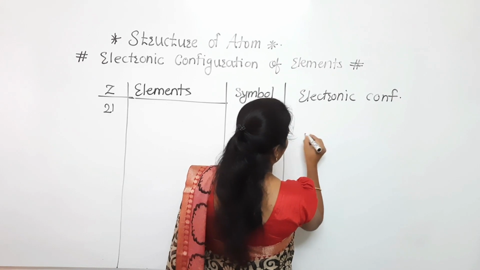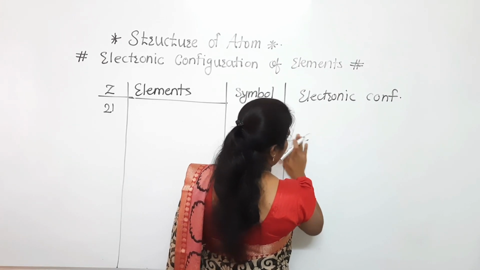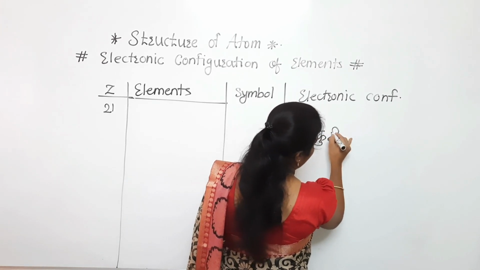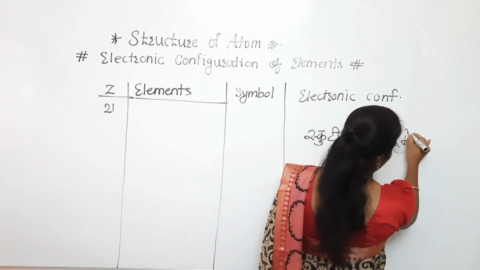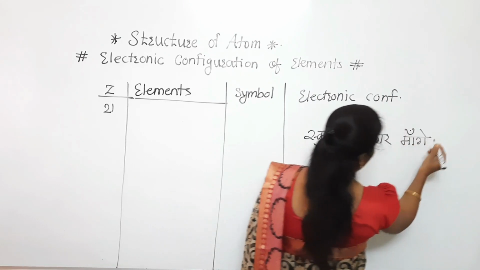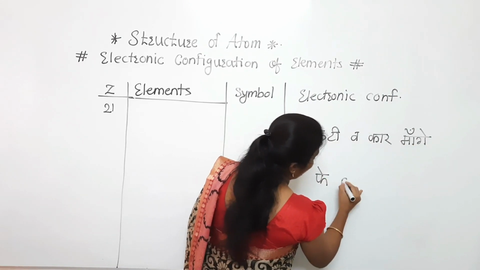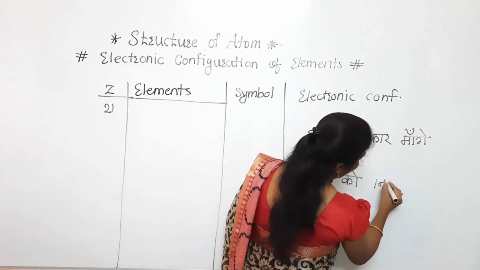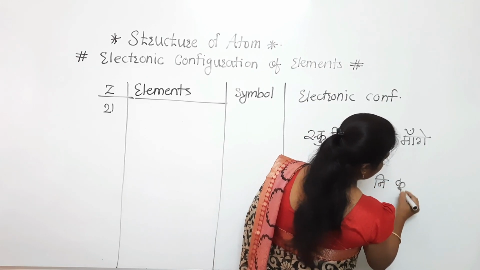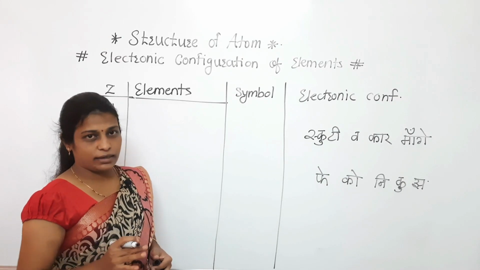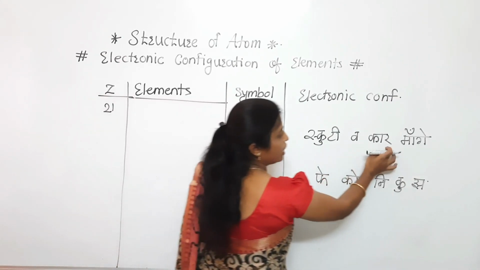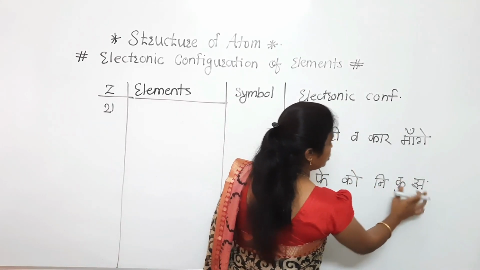The trick is "Scooty v car mange, fe ko ni ku z." This is the trick to remember the elements from 21 to 30.